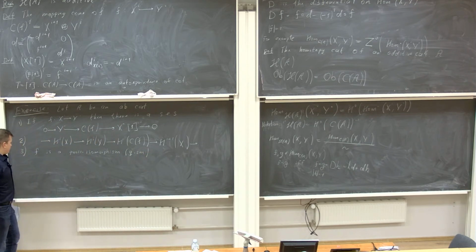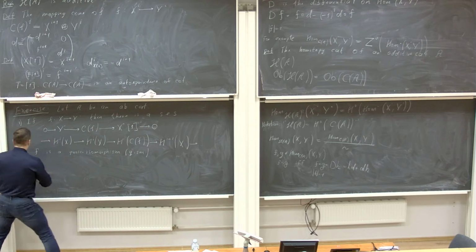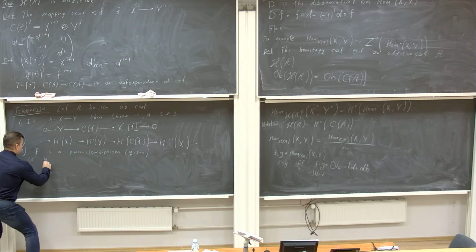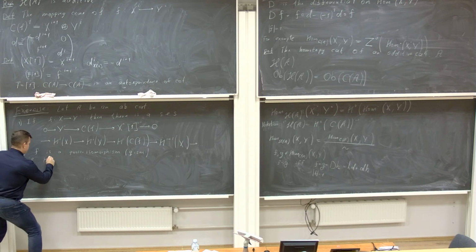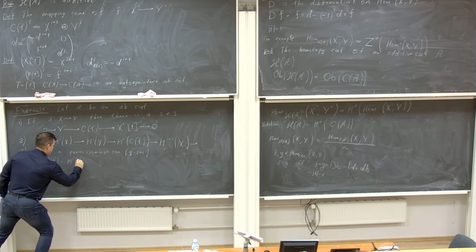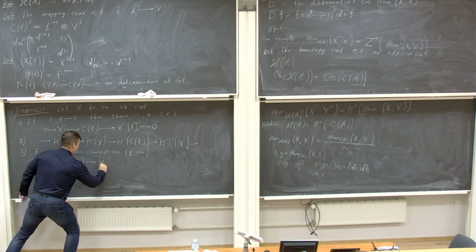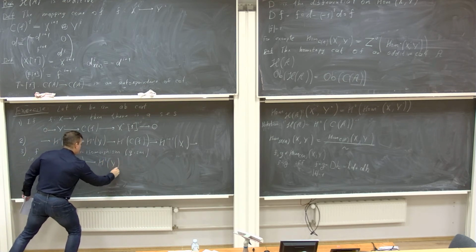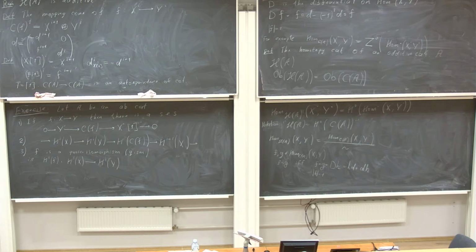What it means that F is a quasi-isomorphism, if you go back to the definition of the map between two complexes, is that if you consider the map induced on cohomology, because you have all these commutative squares, you have a map induced on the cohomology.